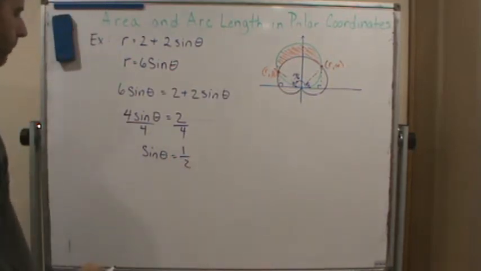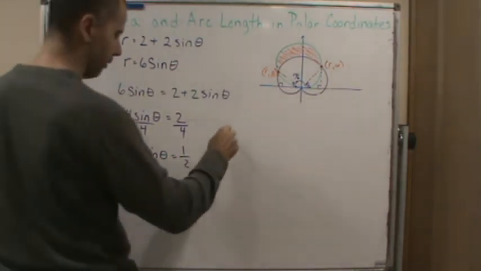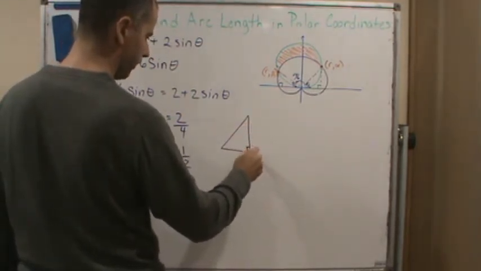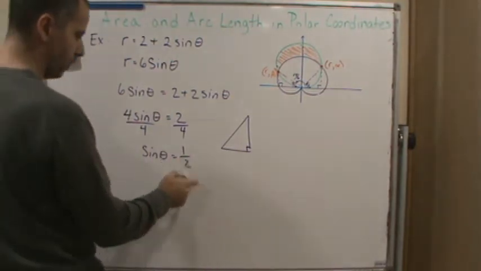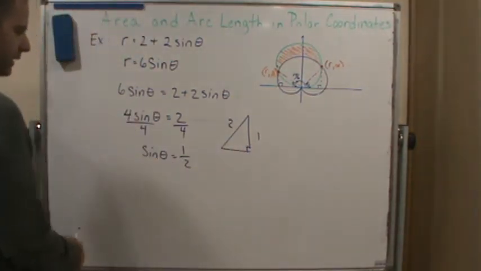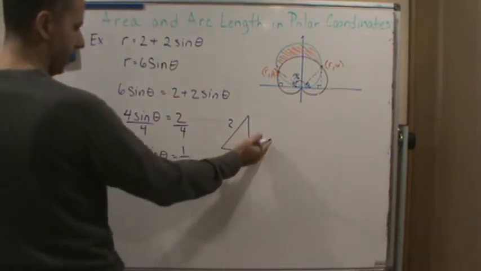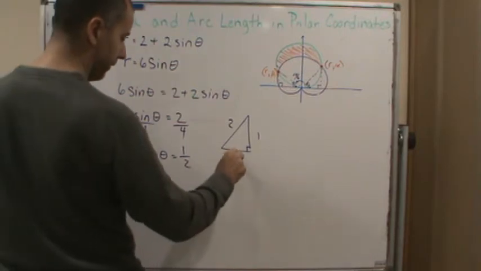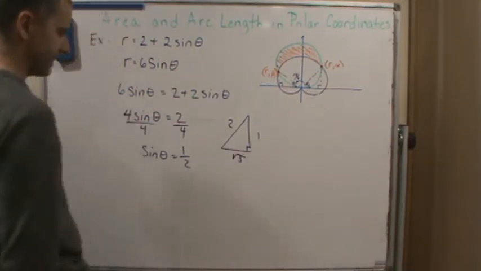Now this is where trigonometry comes in. We have a right triangle, and sine is opposite over hypotenuse. What triangle gives us this sort of setup? Well, there's only one: 30, 60, 90.